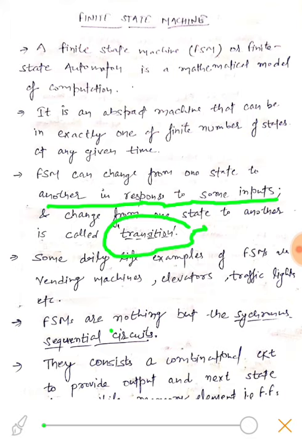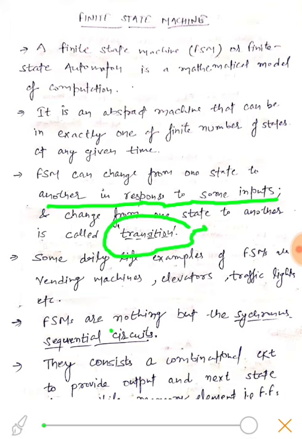If it is a token vending machine, it will provide the tokens. A traffic light can be in one of only three states, red, green or orange, at one instant of time. So these are all examples of finite state machines.